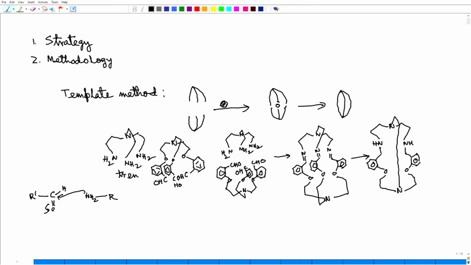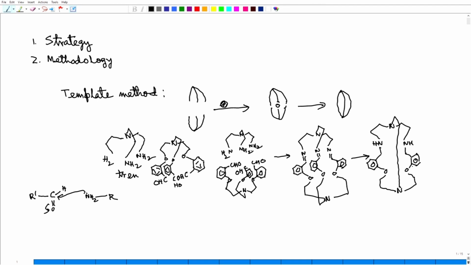Therefore, when we took alkali metal ions, it binds both oxygen and nitrogen, but very weakly. But what it does, it brings the two parts together like this.